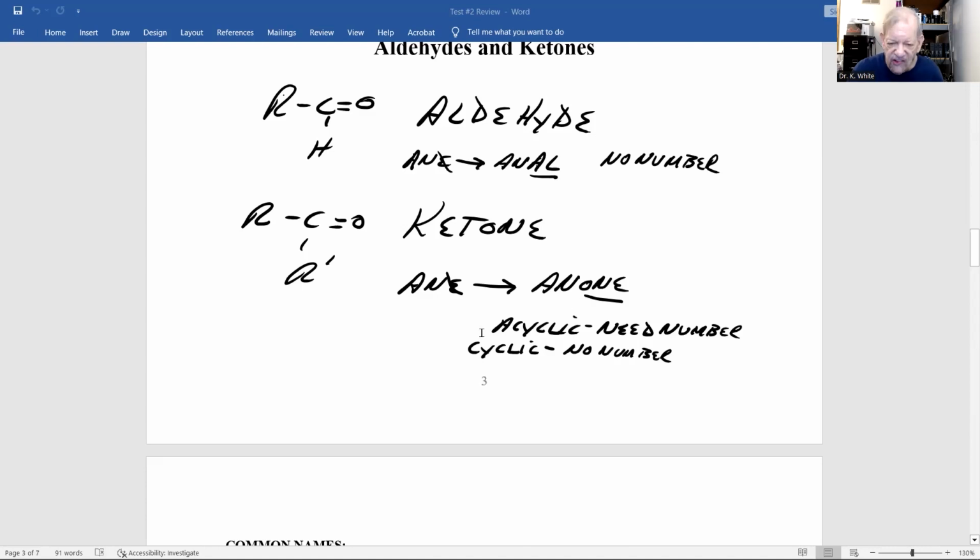Now, if it's acyclic, not in a ring, in a chain, you need a number. And the carbonyl carbon has numeric priority. That means it gets the lowest number closest to the end of the chain. Now, cyclic, in a ring, you need no number because the carbonyl carbon is always number 1.